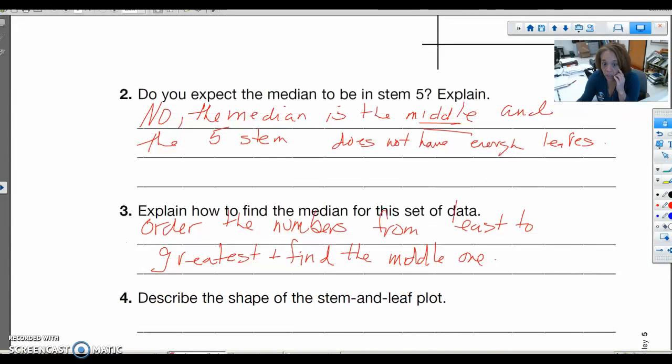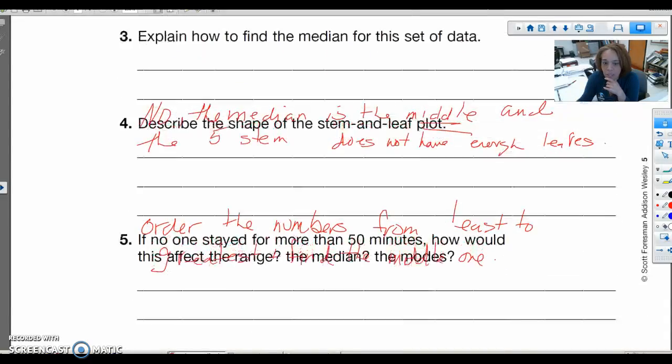Okay? So number 4 says, describe the shape of the stem and leaf plot. Well, that's a tricky one. We don't talk a lot about shapes, but let's talk about it now.